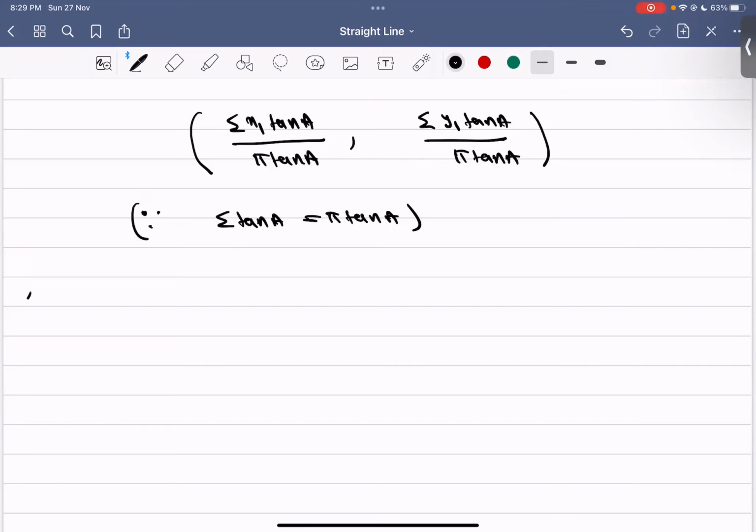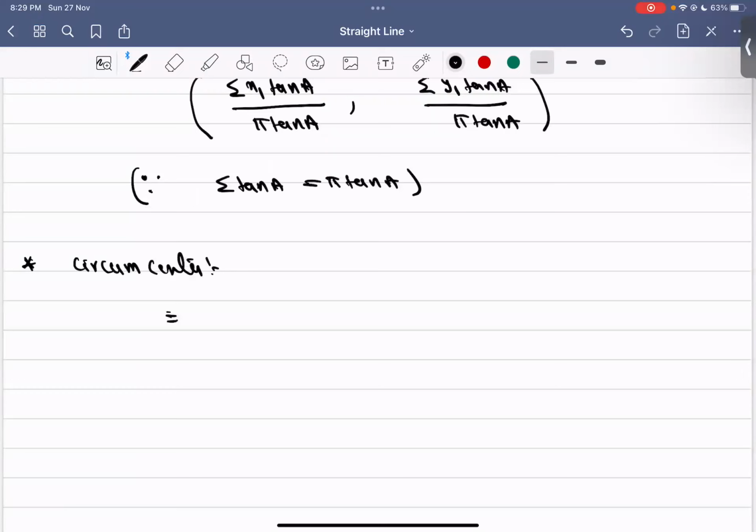So next one is circumcenter. Circumcenter formula is sigma x1 sine 2A by sigma sine 2A. I am writing in compact form.